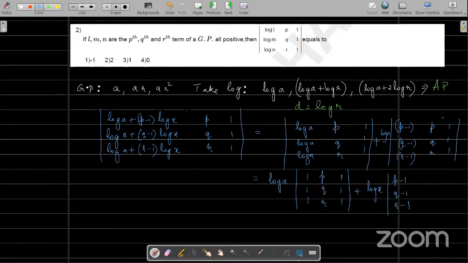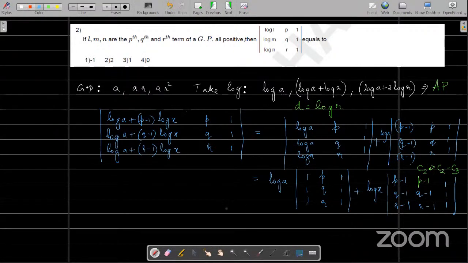Take the second column, subtract the third column. So that means for this particular determinant, C2 is equal to C2 minus C3. Okay, I'm hoping that it is visible. Is it visible? C2 is replaced as C2 minus C3. So that means P minus 1, Q minus 1, R minus 1, 1, 1, 1.